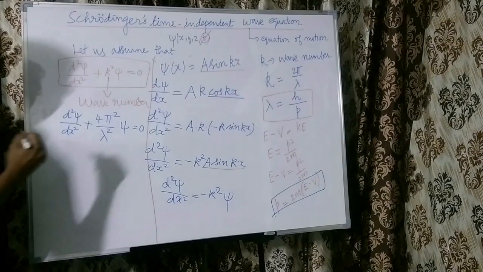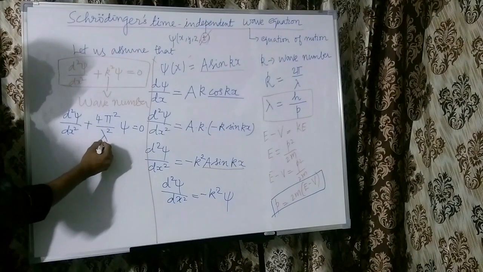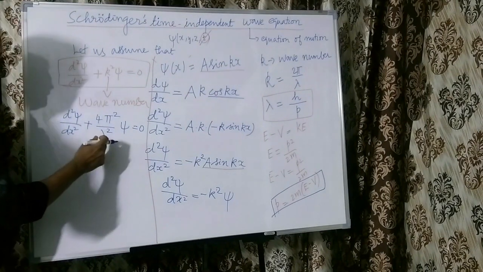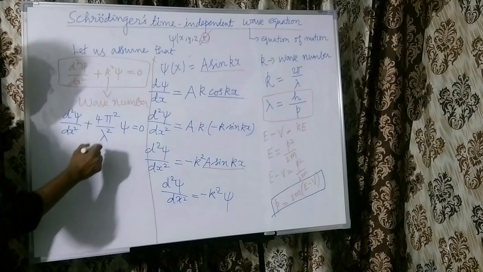Now we know that de Broglie hypothesis tells us that this de Broglie wavelength lambda is nothing but h over p.